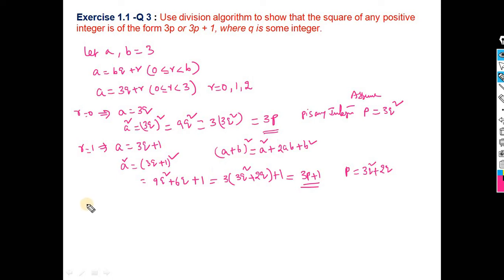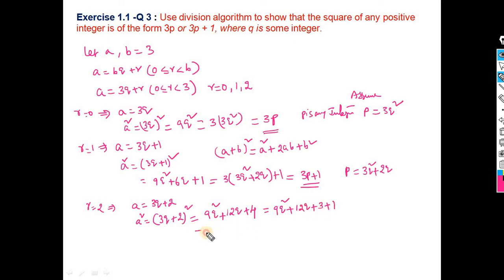Similarly, if r is equal to 2, a is equal to 3q plus 2, and a square is 3q plus 2 whole square, which is 9q square plus 2ab, that is 2 into 3q into 2, 12q, plus 2 square, that is 4. To write it with a multiple of 3, it is 9q square plus 12q, and I split the 4 as 3 plus 1.